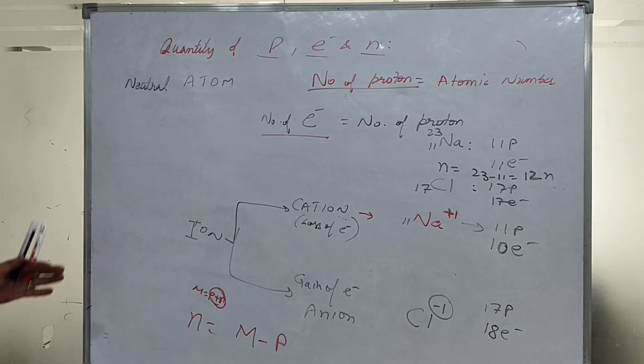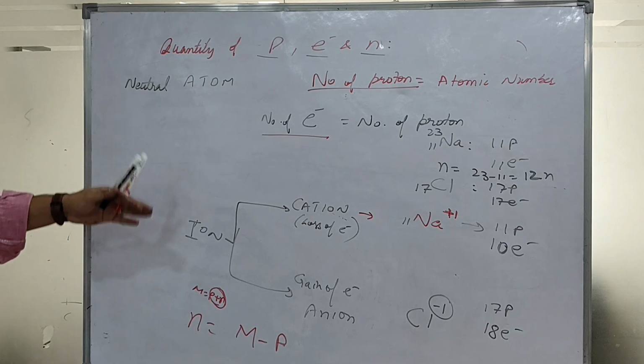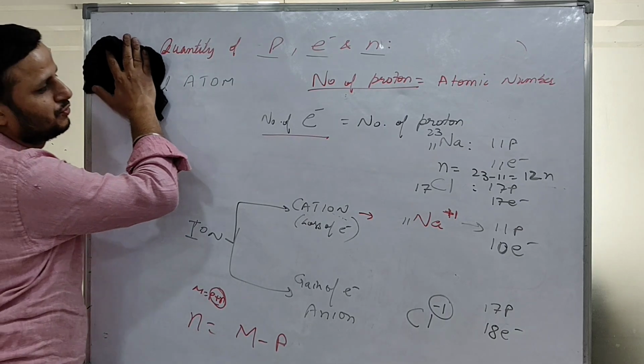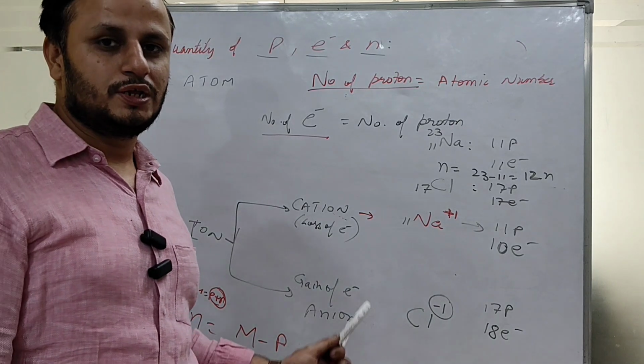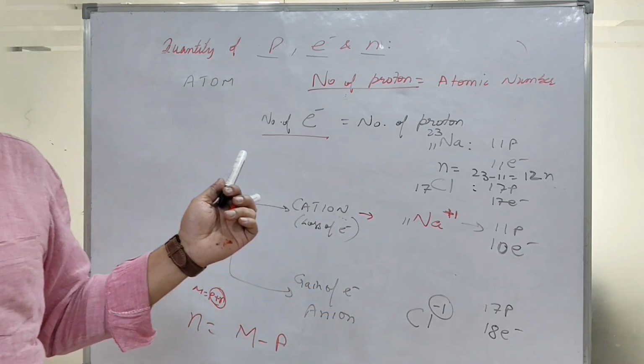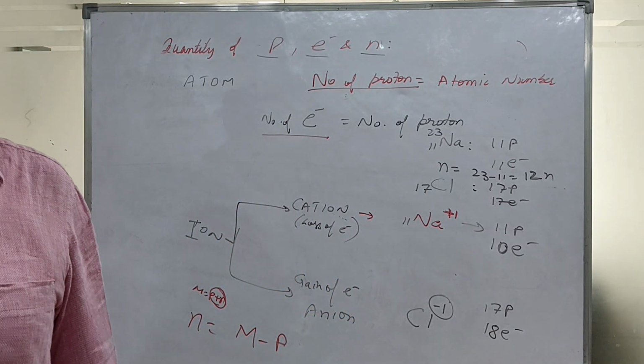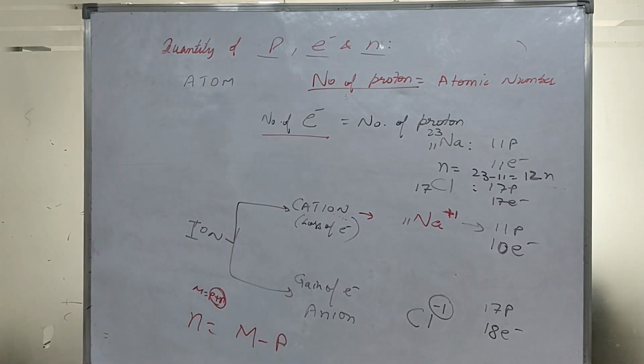So now there are some questions related to this. First you note down, make the notes, and then there are NCERT question 42, 43, 44, that are based on the quantity of proton, electron and neutrons.